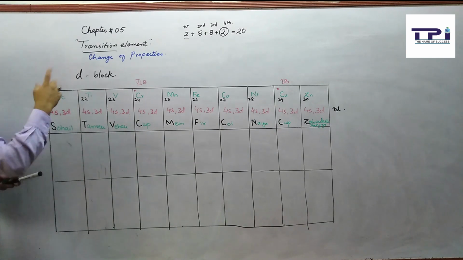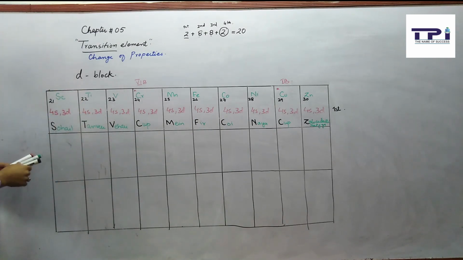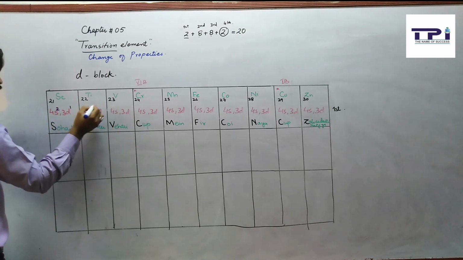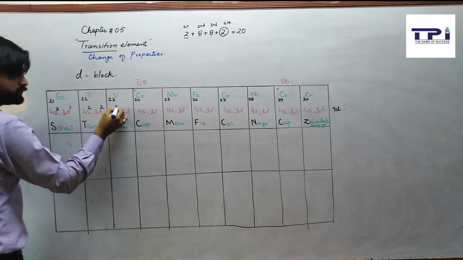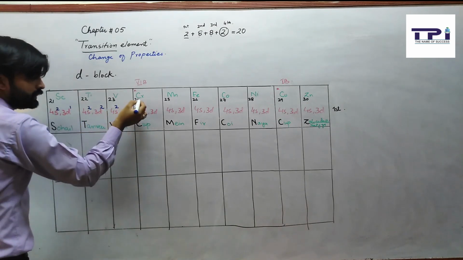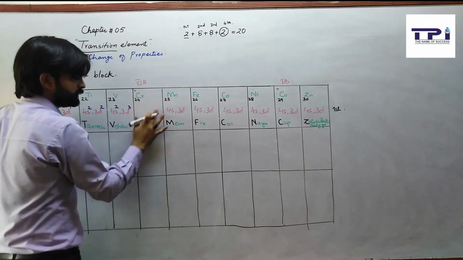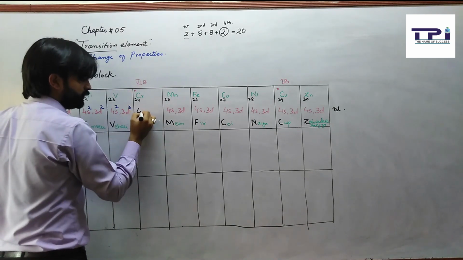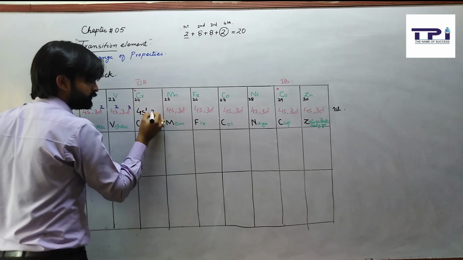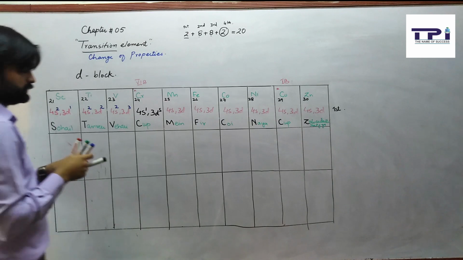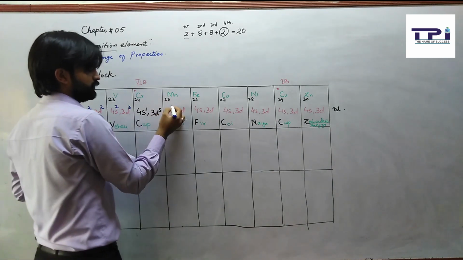This was your group number 3B because the series starts from 3B. Then you have electrons as 4s2 3d1, 4s2 3d2, 4s2 3d3. This is a problem creating group. Change the marker. 4s1 3d5. Then you have the same configuration.